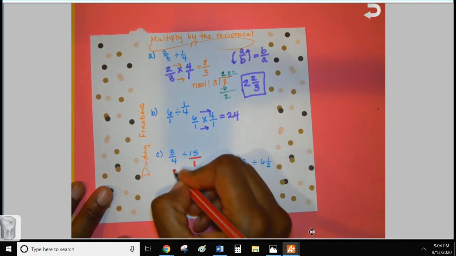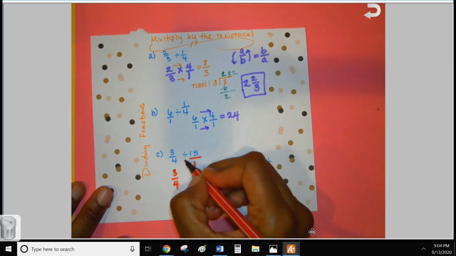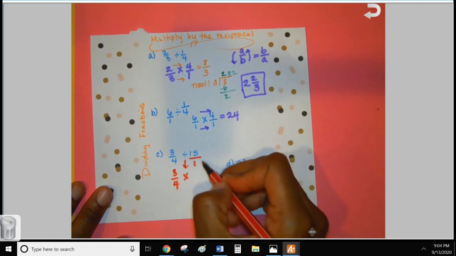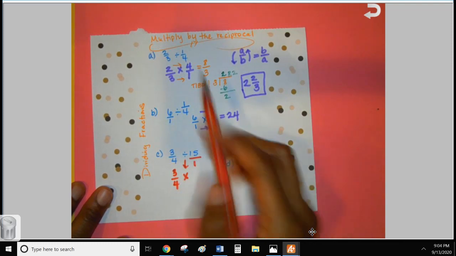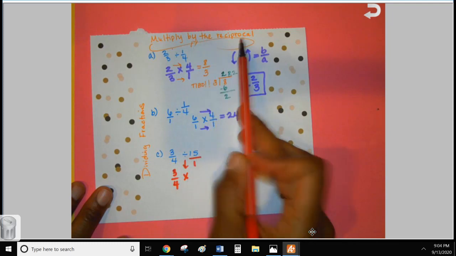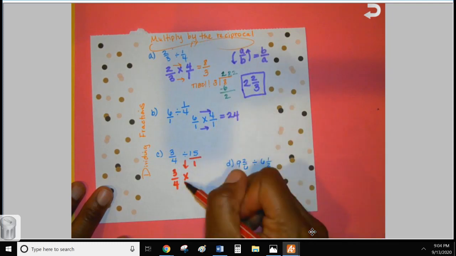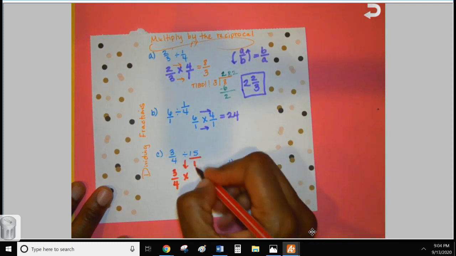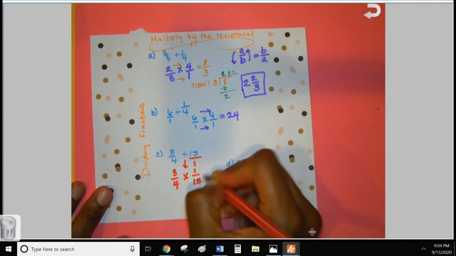The first fraction stays exactly the same. Division turns into multiplication, and then the reciprocal. The words say multiply by the reciprocal, and that's what I want you to do. Multiply by the reciprocal. Reciprocal comes after. So 15 over 1 becomes 1/15.